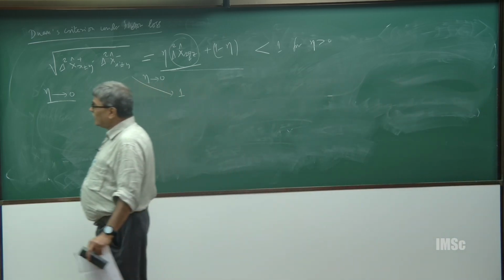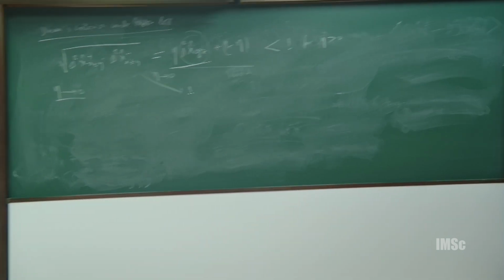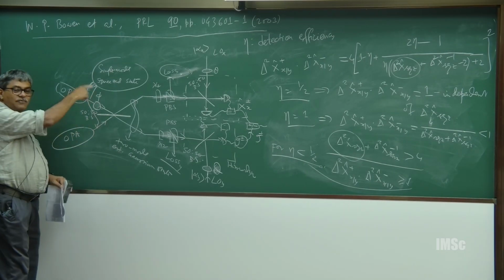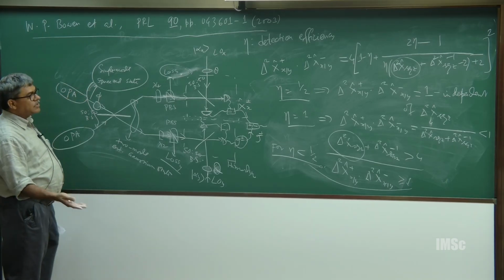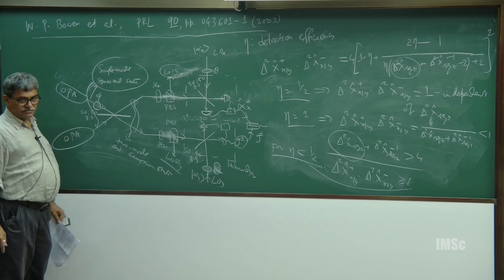So, in this respect of detecting entanglement in two mode Gaussian states produced through squeezing, Duan's criteria works much better than the EPR criteria.